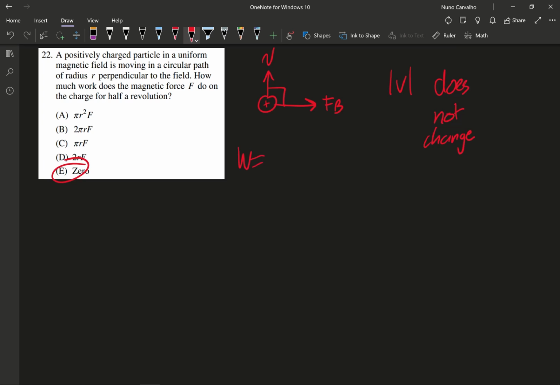Work can be thought of as the change in kinetic energy. Kinetic energy is given by 1/2 mv squared, like so. And so if this here is not changing, keep in mind we're squaring, so the sign does not matter. If this is not changing, then this is not changing, which means this really here is just 0.